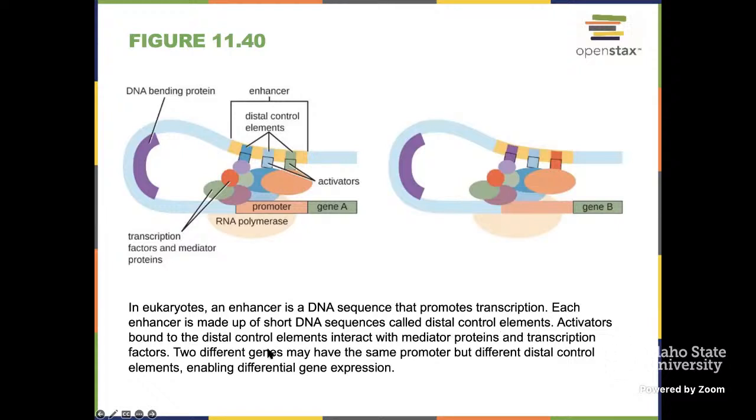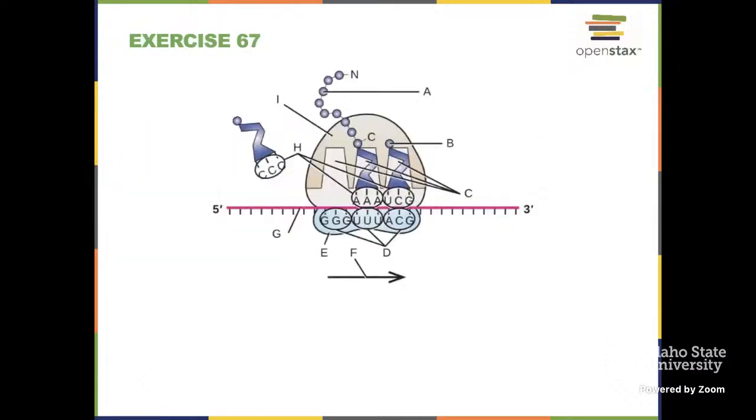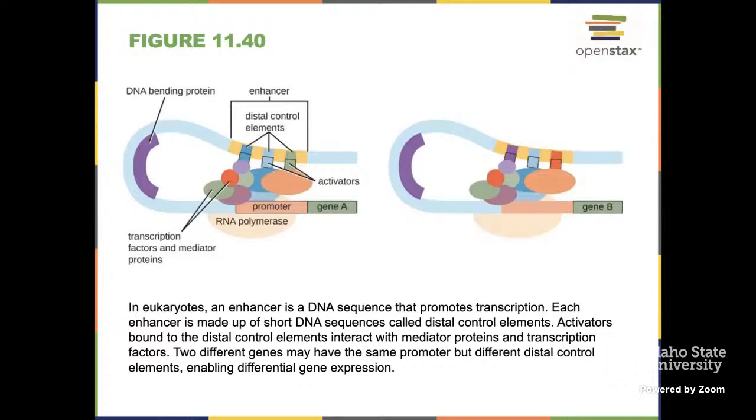Activators bound to this help to mediate this process of transcription, and that's what we're seeing up here with these activators linking up in this enhancer region that allows it to move through this process, transcribing and making a messenger RNA for these respective genes. And if our activators aren't coming up and linking up to this, we're not going to be producing those respective products. A different way that we think of control mechanisms.